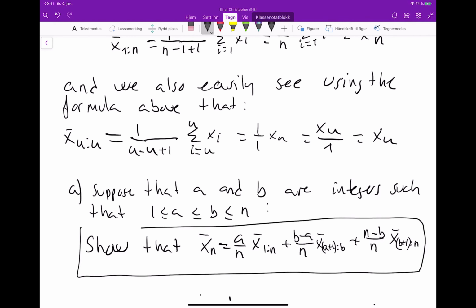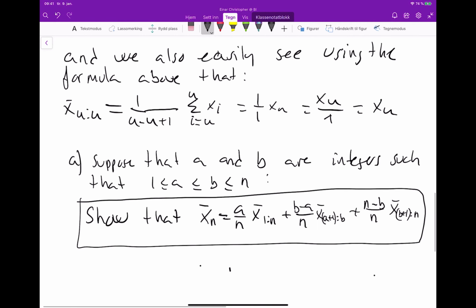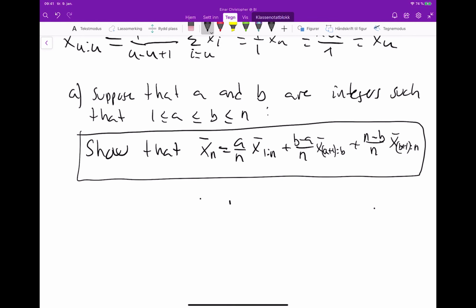But to do that, we can see that in some sense we have to split up the observations, the a first, and then from a to b, and then from b to n. So let's start with the grand mean as we know it. So the grand mean is like this, you all know.